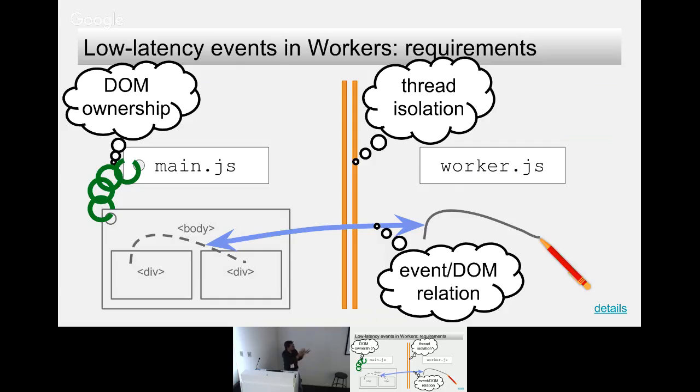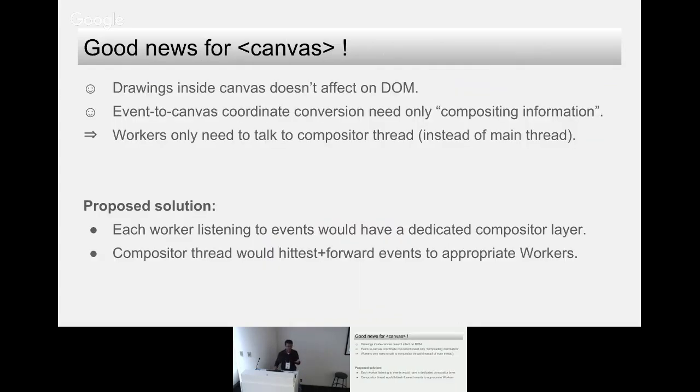So these are the conflicting requirements that make general event handling harder. The good news for canvas is that the strong tie is not there anymore. Drawings inside the canvas don't modify the DOM tree. So the only thing we need about the events is really event to canvas coordinate conversion.